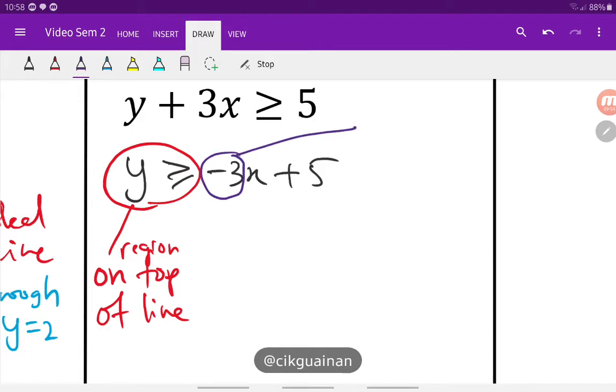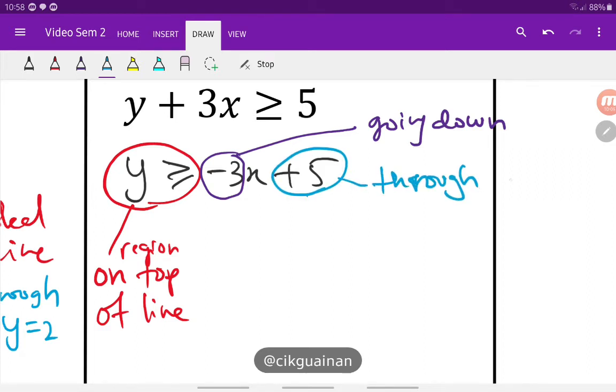Minus 3 in front of x means going down, going through y equals 5. Okay, what else?